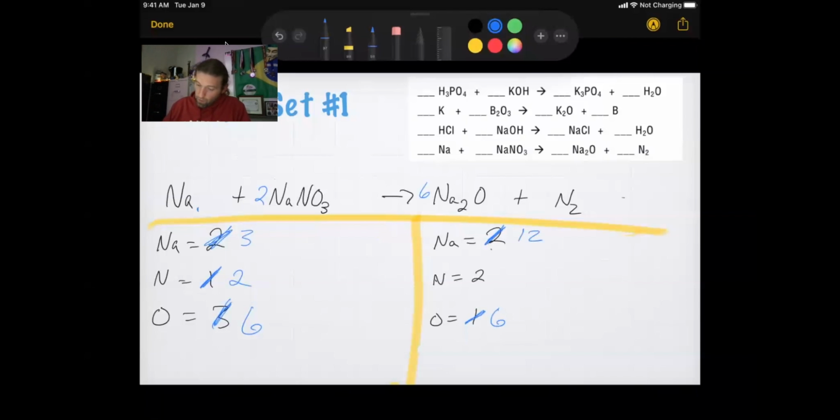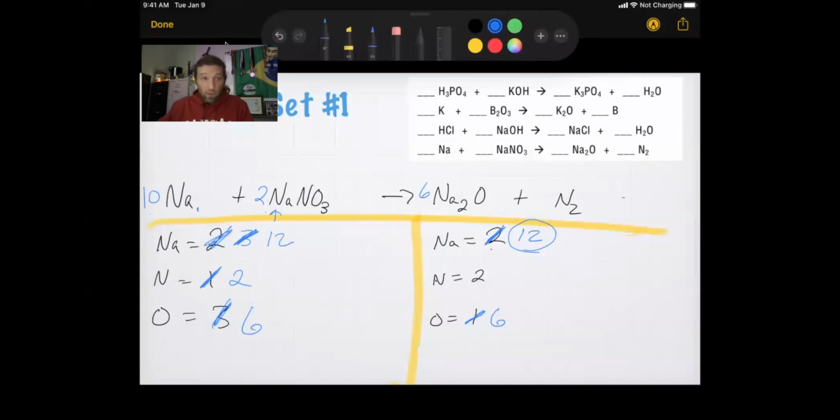So everything is now balanced except for the sodiums. I have way too many on this side. Well, I've got 2 sodiums here, so I need a total of 10 more. The great thing is I just put a 10 in front of the sodium here, and that's 10 plus the 2 here, and now I have a balanced equation.